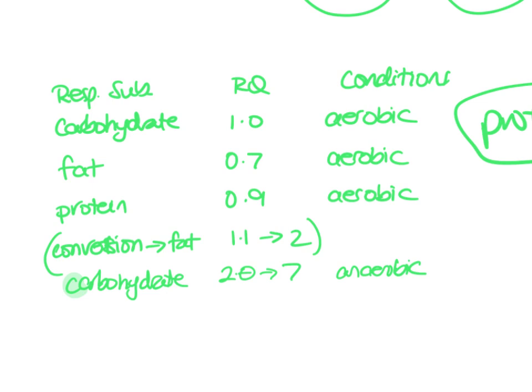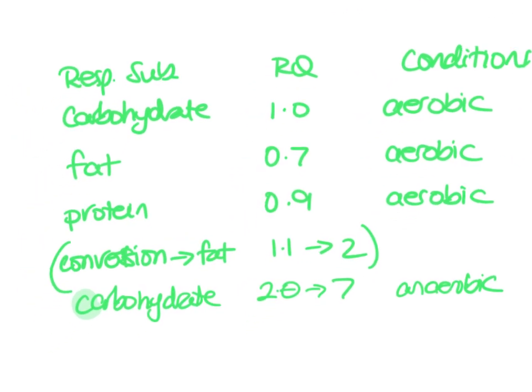Okay, so you've got a couple of wee questions on the right-hand side of that page. Oh, sorry, we've been underneath there. You're going to get things like organisms where the RQ value works out at 0.95 or something like that. And that's indicating that there's a mixture of respiratory substrates.